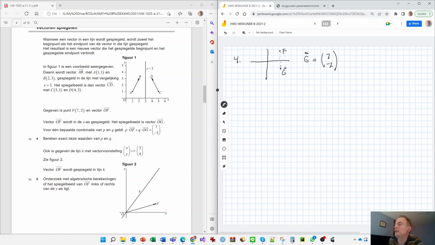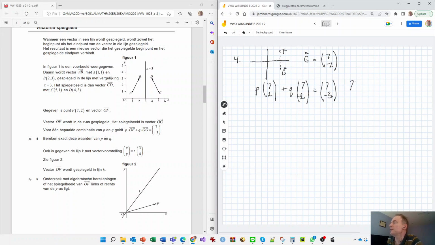Which means that this combination here is just P times 7, 2 plus Q times 7, minus 2 is 7, minus 3.